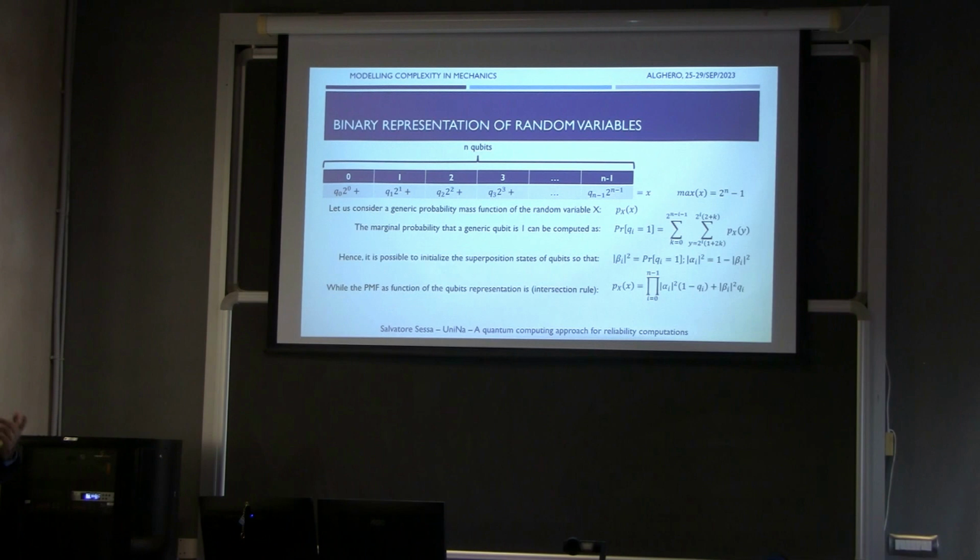The backward computation is just a product by using the classical total probability rule. So the probability relevant to number x is equal to the product of all the probabilities of each single qubit.